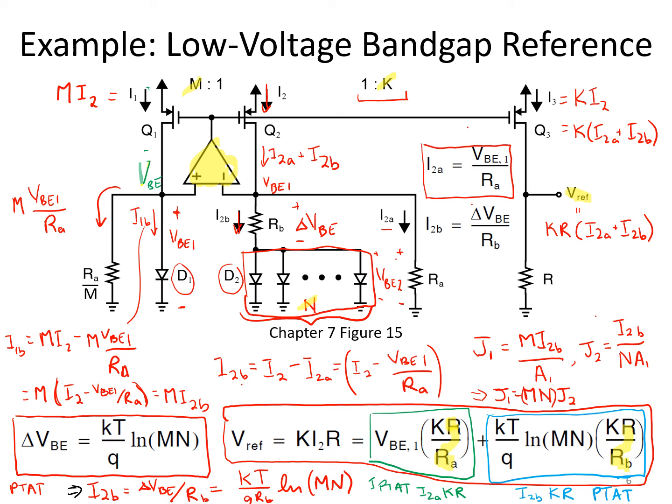So when you're designing the circuit, you start out by getting a feel for the temperature coefficient of VBE1. This can be done with a simple simulation, and then selecting the ratios K, M, N, and the resistor ratios to give you reasonable values of current and keep transistors in active mode while still ensuring that the PTAT and IPTAT temperature coefficients cancel at your nominal operating temperature.